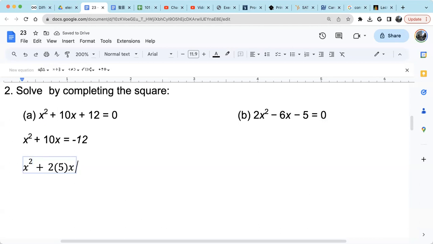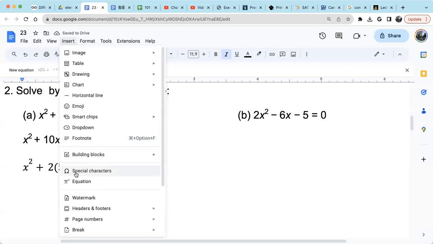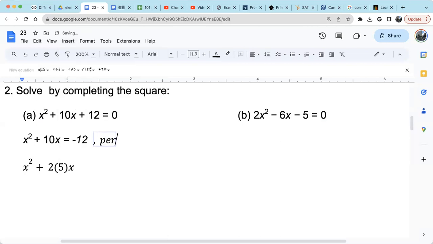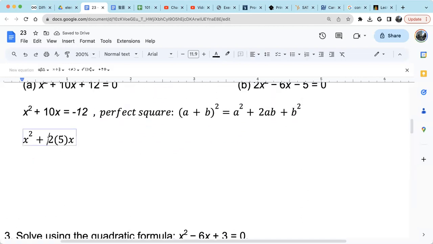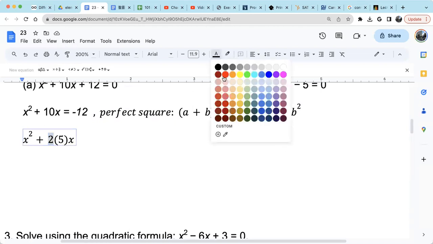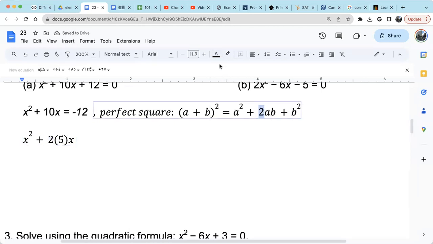Remember the perfect square formula: a plus b squared equals a squared plus 2ab plus b squared. So that's why you see I have 2 here. That's why I factor out 2 here, because there's a 2 in the formula.